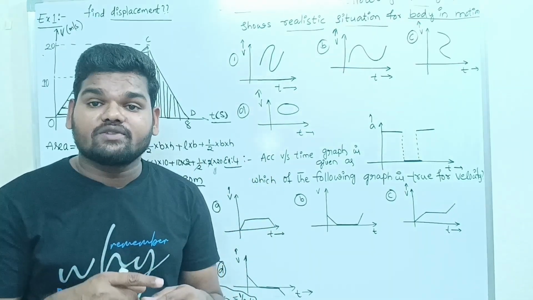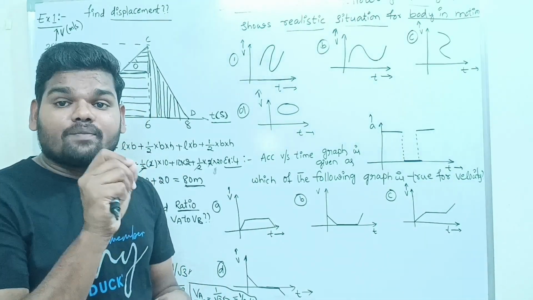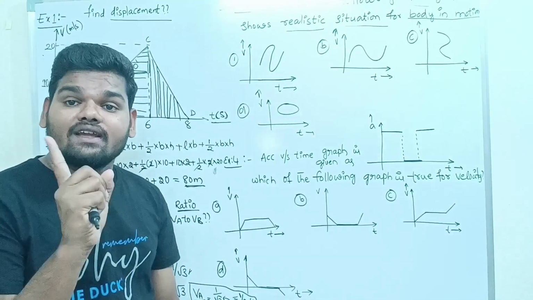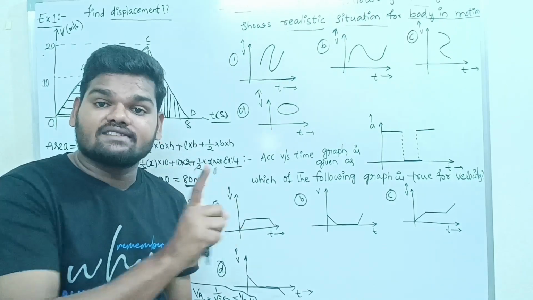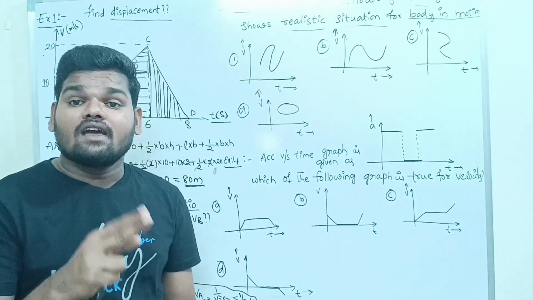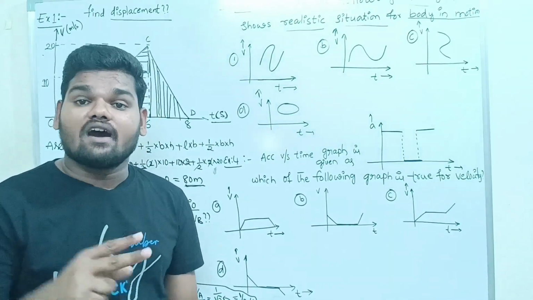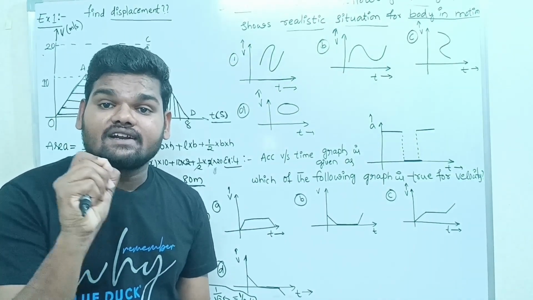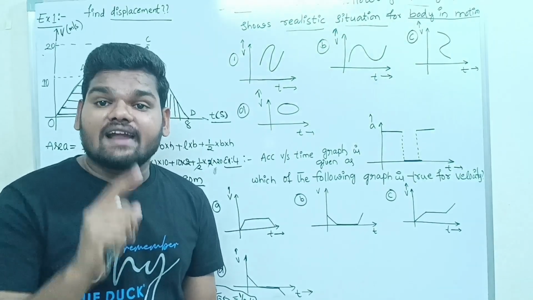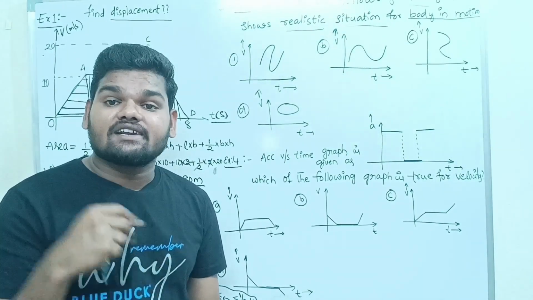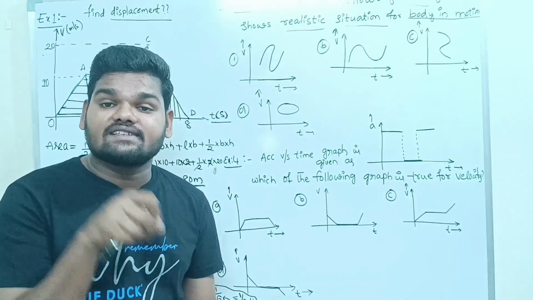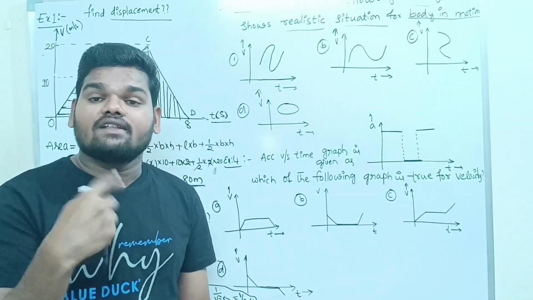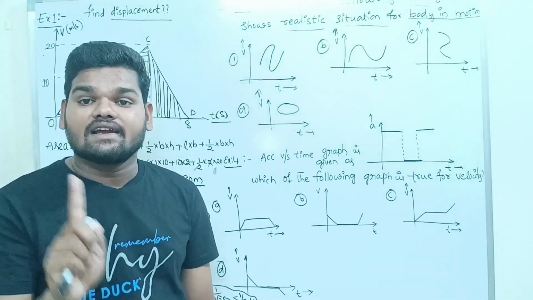What I told you there: at a given particular instant of time, the object does not have two different velocities or two different displacements or two different accelerations at a particular instant of time. If the graph is like that, that means there are two different velocities at a single time, then the graph is not considered.